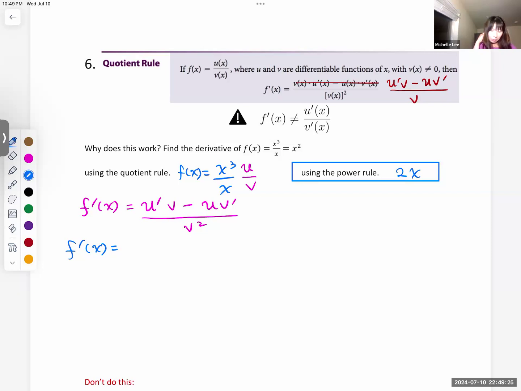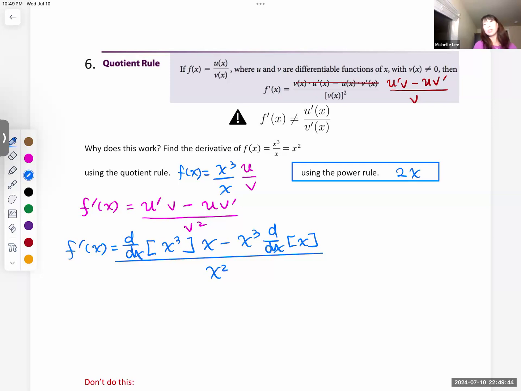So v squared has nothing to do with the derivative, right?